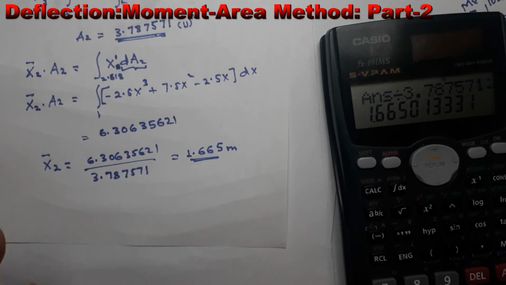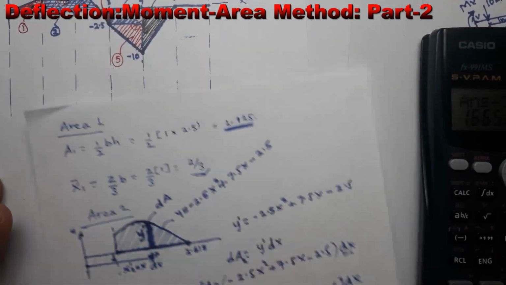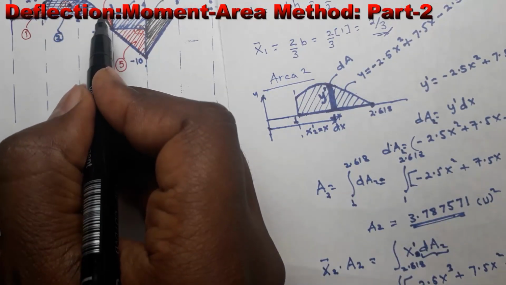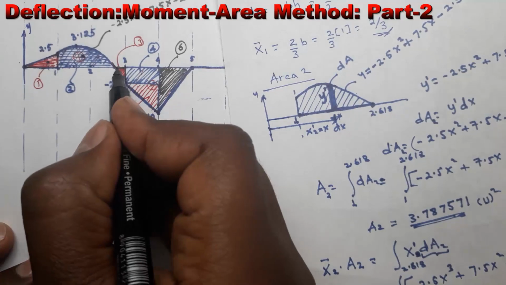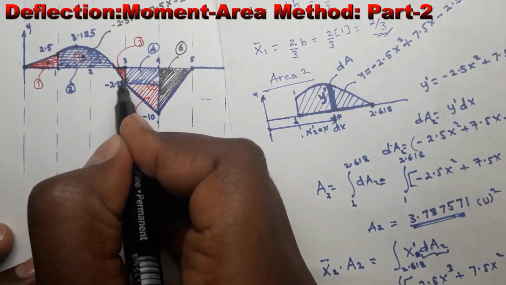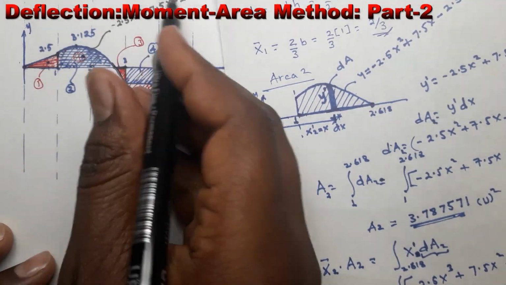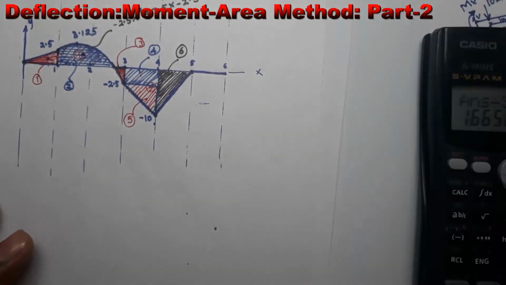The remaining one is the bottom part, area 3. It is bounded from the top by y equal to 0, and from the bottom by y equal to this function. So we will do that one.